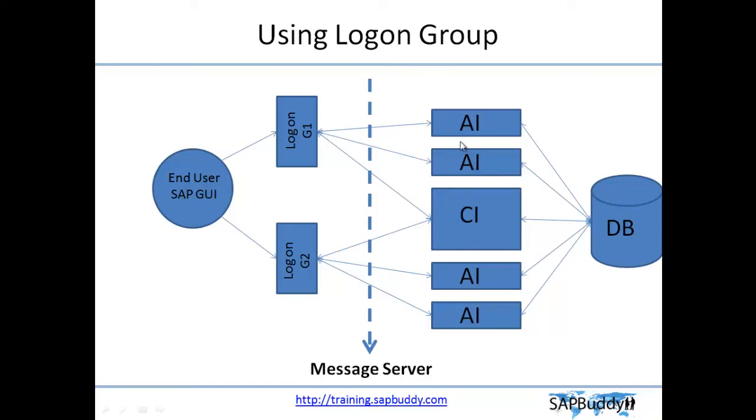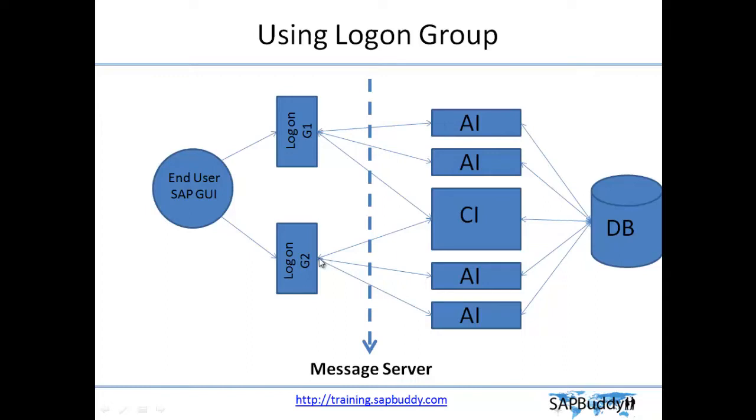Let's say two application servers, and create one logon group and give only those two for RFC logon. Remote function calls should be executed only in these two application instances. We are taking this as an example. So you create one RFC group only for these two.